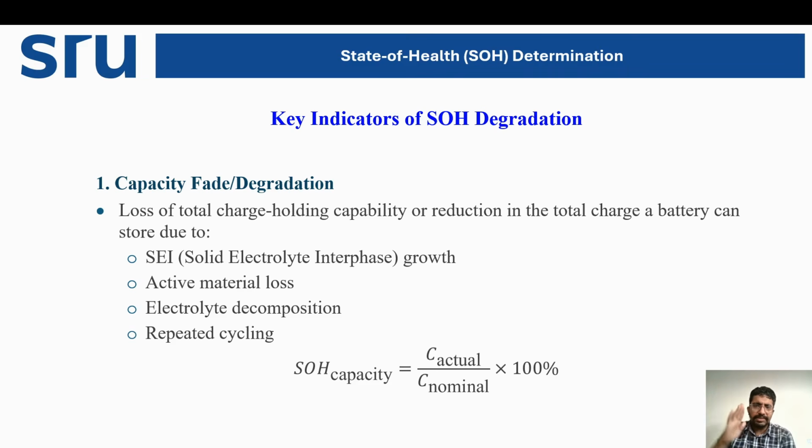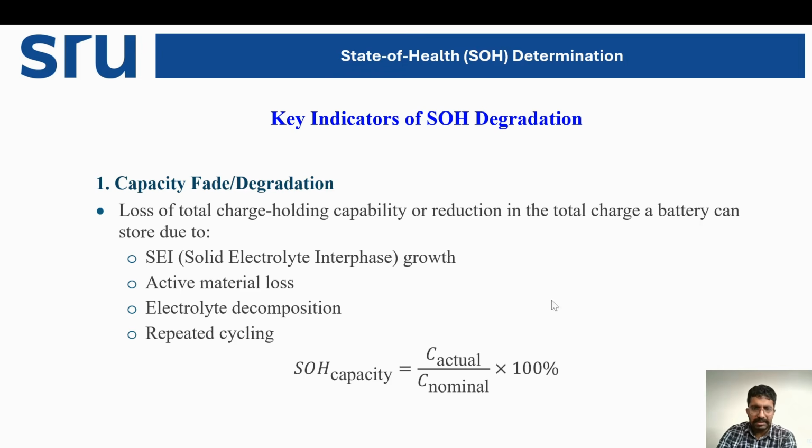That interfacing layer formation is called SEI growth. Other causes are active material loss, anions and cations being degraded in the electrolyte, electrolyte decomposition, and repeated cycling. Continuous charging, discharging, charging, discharging will damage the battery.